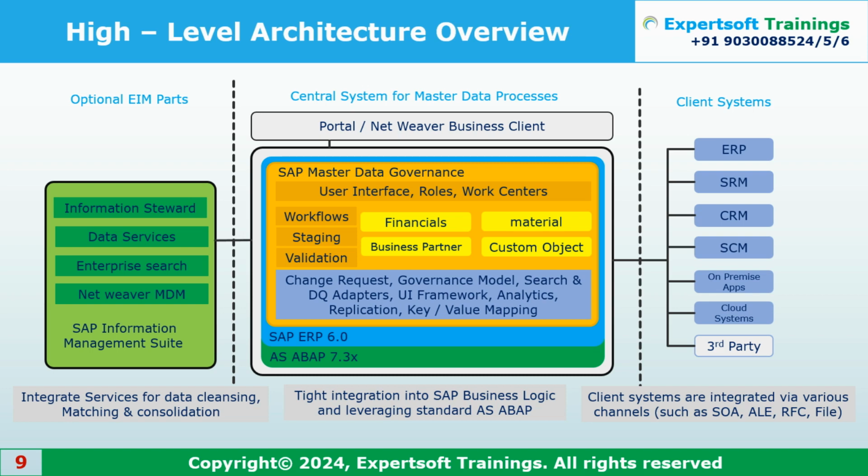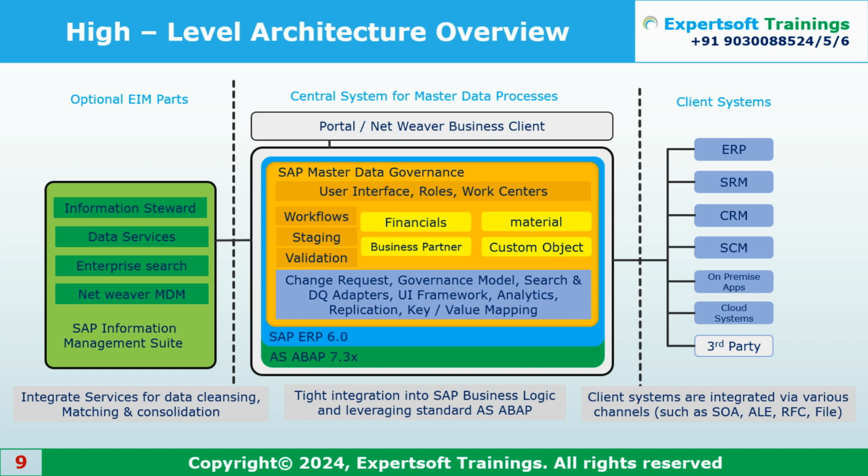As of now, both front ends are applicable. This is the front end for the end user who is going to create a customer, vendor, material, or finance data. This high level diagram shows how it's all connected.